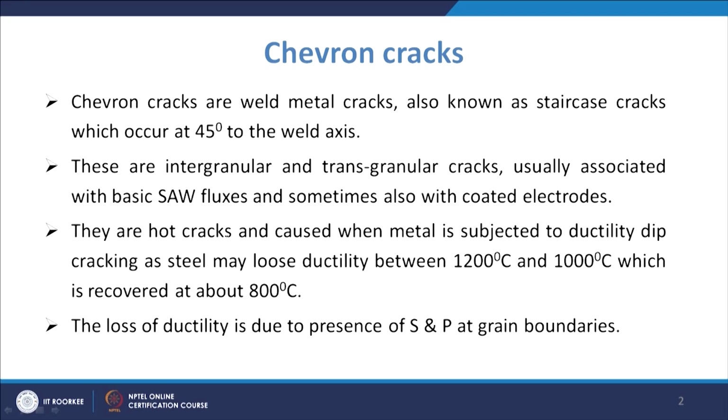Coming first to the Chevron cracks, basically these cracks are intergranular and transgranular cracks, and usually associated with basic SAW fluxes. We use these fluxes in the submerged arc welding processes, and also sometimes with coated electrodes.